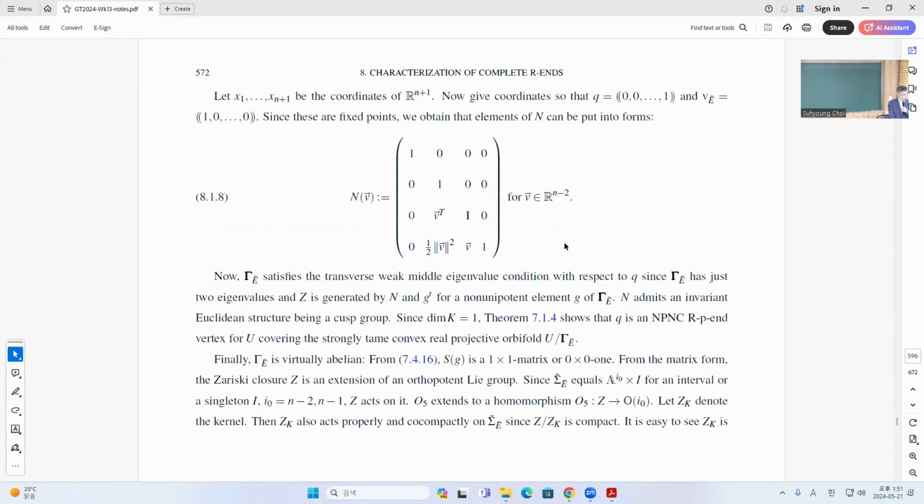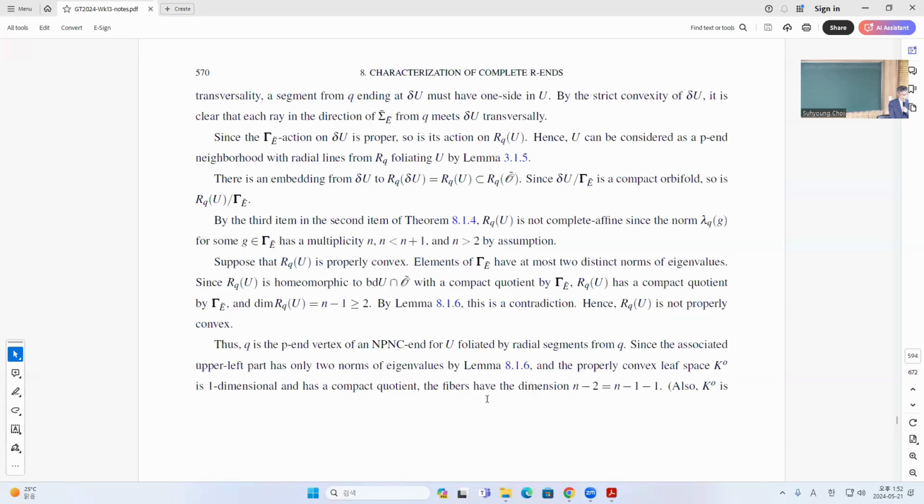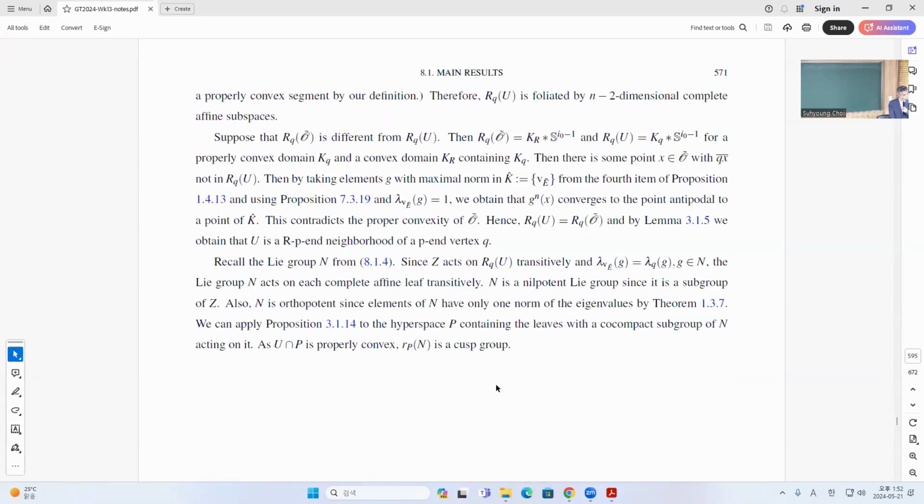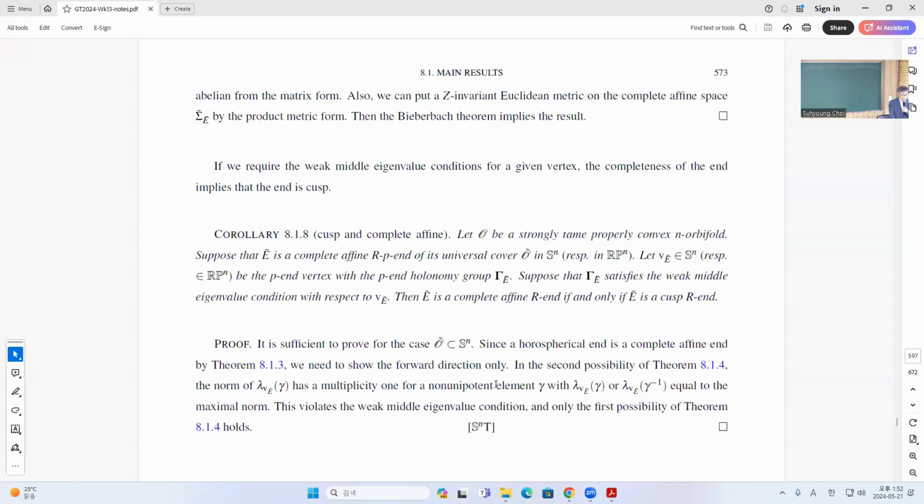Okay, so then we go back to the above theory, and then show it's actually NPNCN, and so the virtual abelianness follows from the fact this SG part is a 1 by 1 or 0 by 0 matrix, and then this O will act on this, and so there's some reasoning with that, and sorry, I cannot continue. So clear. Right.